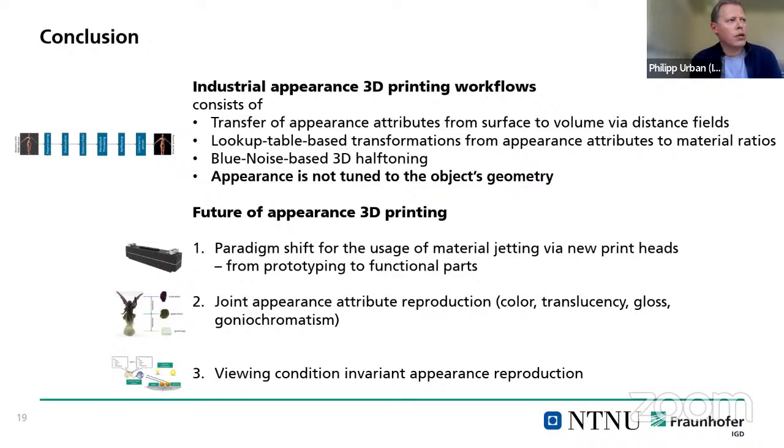I have shown the industrial appearance 3D printing workflow, and there are three main building blocks of this workflow. One is that the appearance attributes are transferred from the surface to the volume using distance fields. All these printing workflows use lookup table transformations from the appearance attributes to material ratios, and blue noise 3D halftoning is the choice to do.